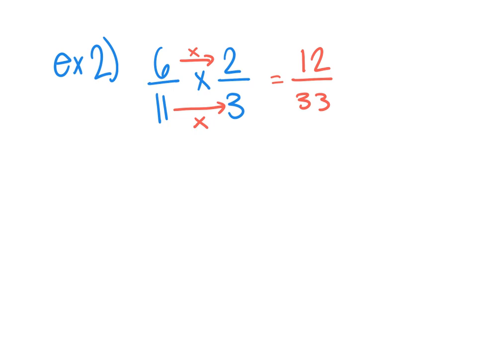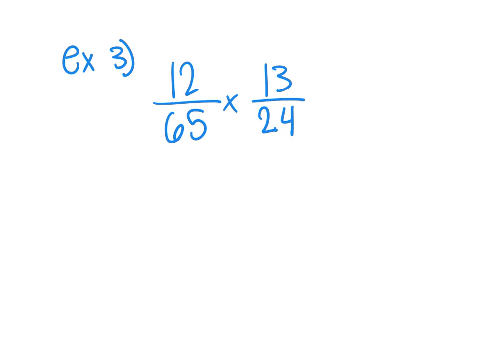I noticed that a 3 can go into both of these, so if I divide my numerator and my denominator both by 3, it will simplify down to 4 over 11. Then I go back and check: can any number go into both 4 and 11? If my answer is no, then that's my final answer.